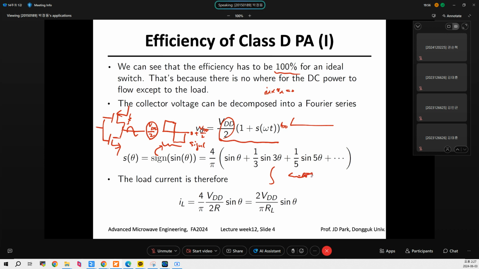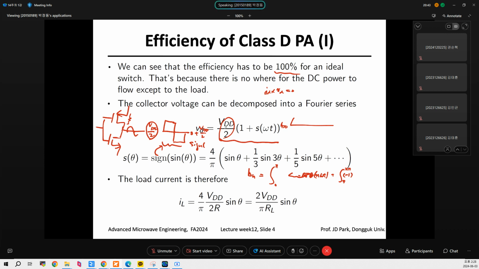Let's say this is theta, n omega t, and this is a_n. a_n is b_n, right? b_n is what? b_n is just 0 to pi, this is half, and pi to 2 pi with minus 1.